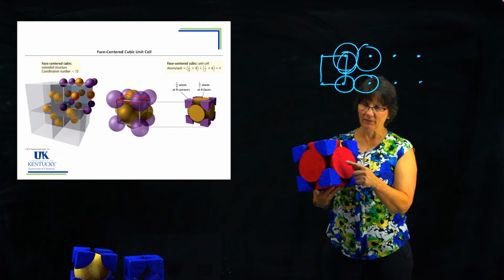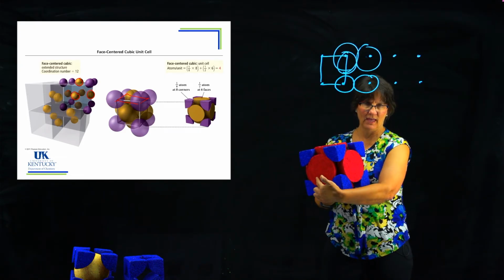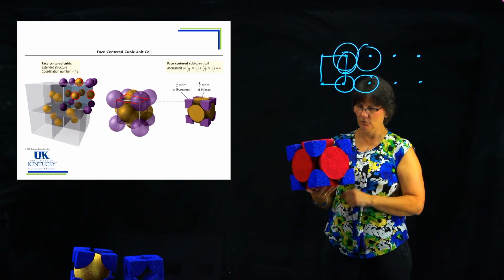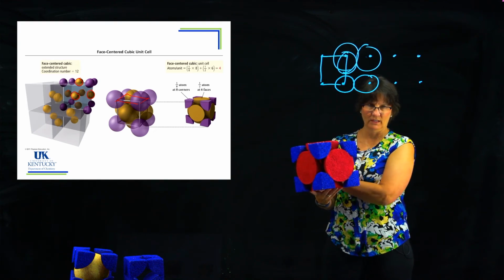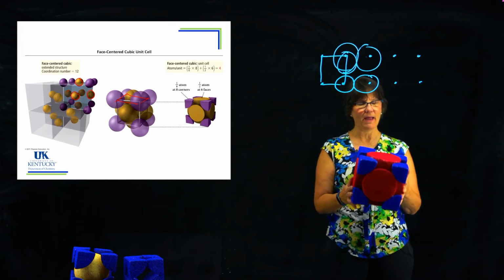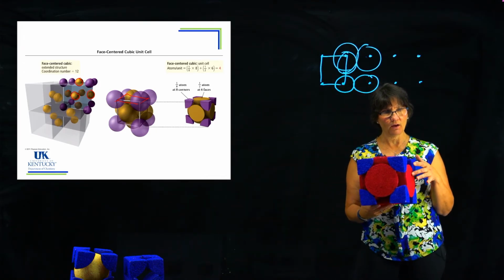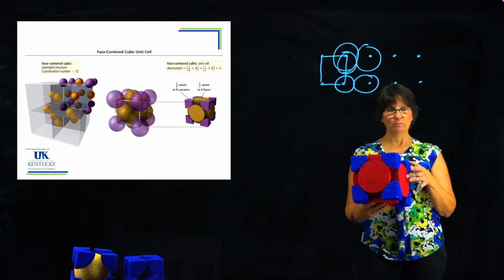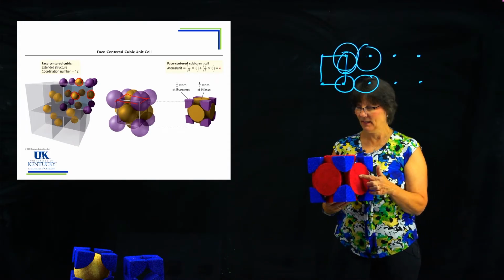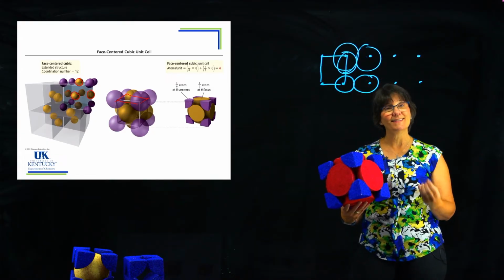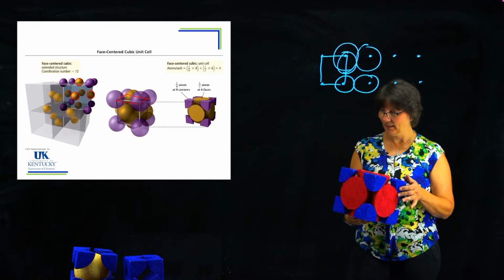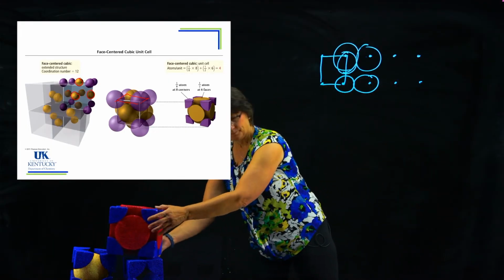So we count this as a half, this is a half, this is a half, and then all the other ones. There's one on the bottom, there's one in the back, on both sides. So each one of those would count as a half. So if we wanted to add up how many atoms are in this unit cell, we would simply have to remember that a corner is an eighth and a face is a half. If you can see it, it's easy to remember. If it's just a memorized number, it's easy to forget.